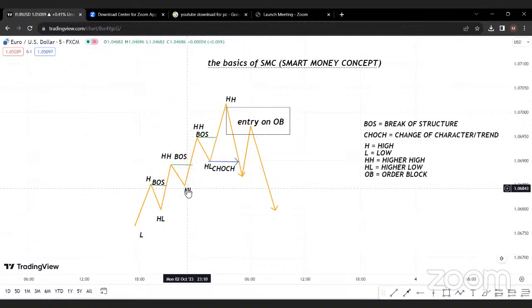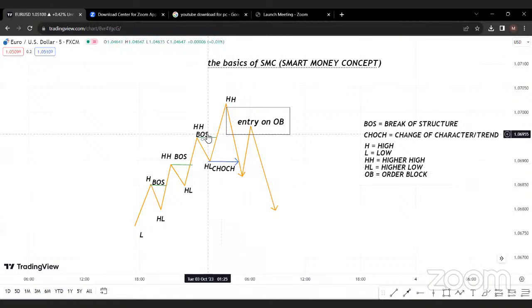Again, for this market to consider changing its character, we must break the last higher low in an uptrend scenario. So tonight I'll be talking about that uptrend scenario. So if this market breaks this higher low, that is when we consider to be having a change of character or a change of trend.